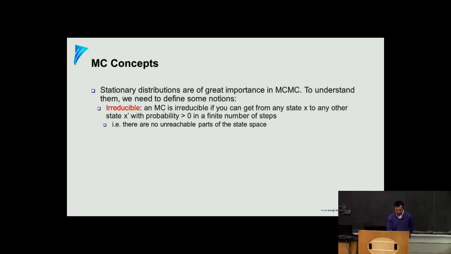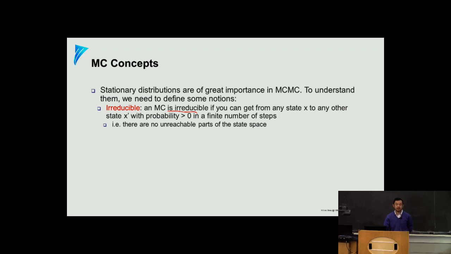A Markov chain is irreducible if you can get from any state to any other state in finite steps. This is very important because when you sample, you don't actually know where your new sample is going to be, and that will be the stepping stone for newer samples.